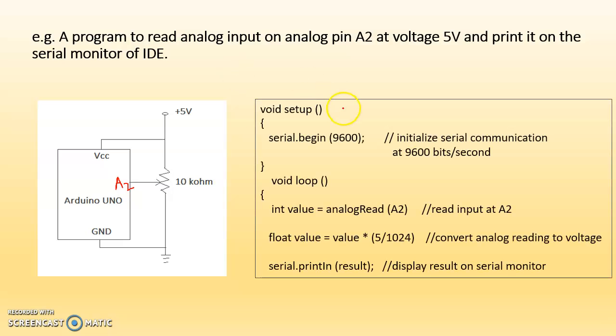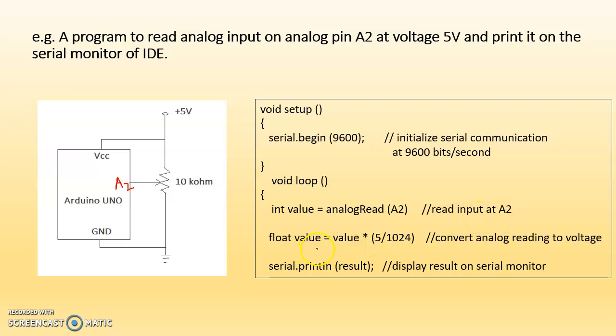So let us see the program. So in setup, you have to begin the baud rate. It will initialize the serial communication at 9600 bits per second. Serial begin 9600. Then in the loop, we have to read the pin. So integer value analog read at pin A2. So it will read the input at A2.